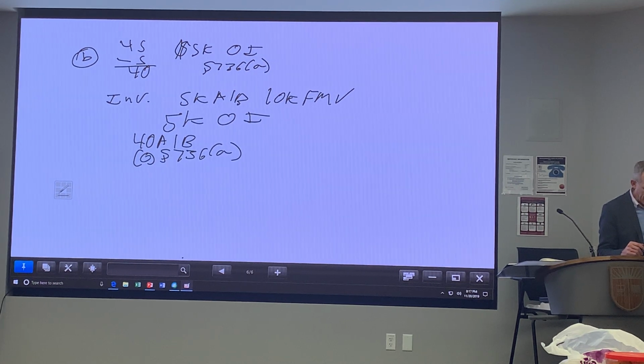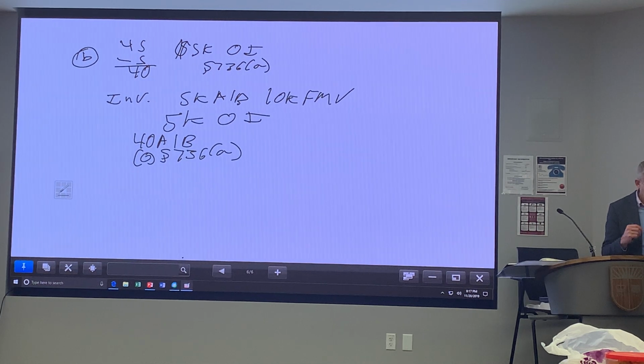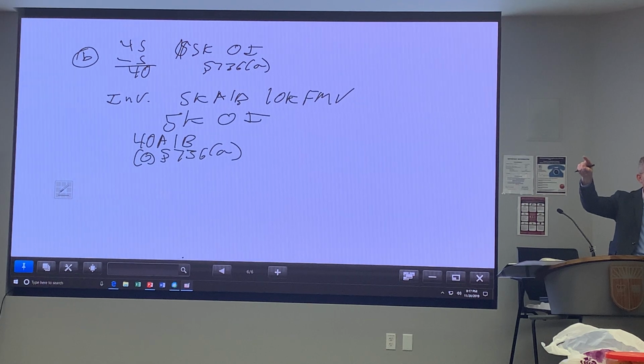And what's going to happen as a result of his 751(b)? What happens to his basis as a result? Remember, when the partnership distributed the inventory, his basis went down by how much?